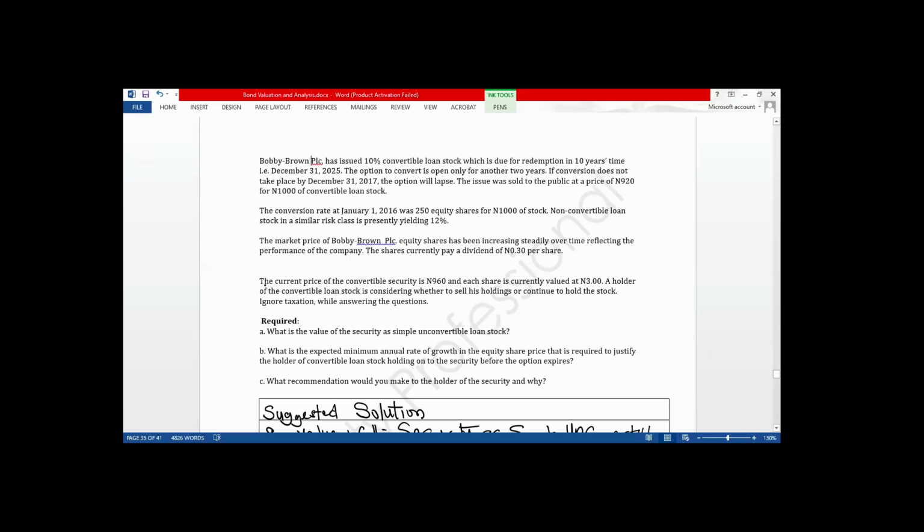The current price of the convertible security is 960. You can decide to sell the convertible bond and collect 960. If you are selling today, you are going to realize 960.